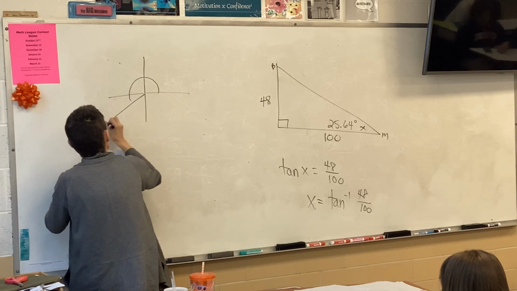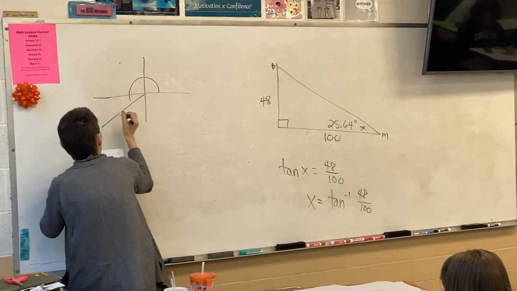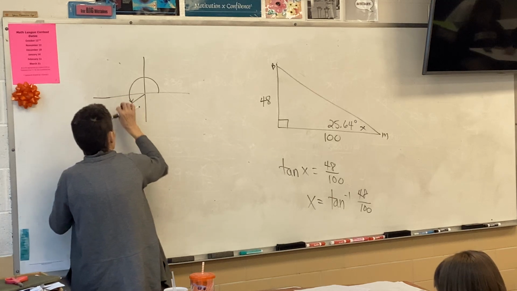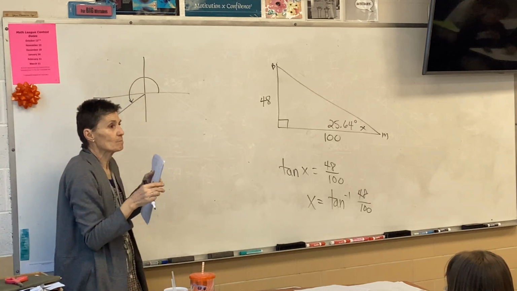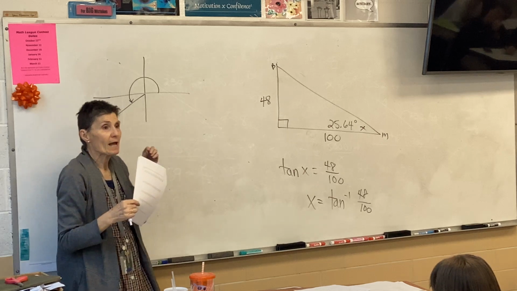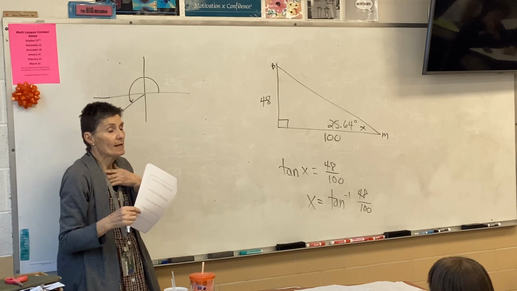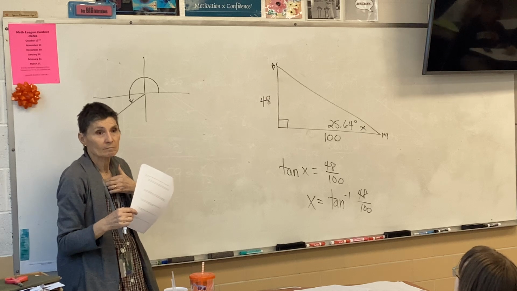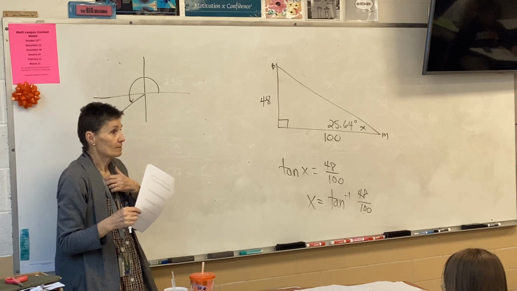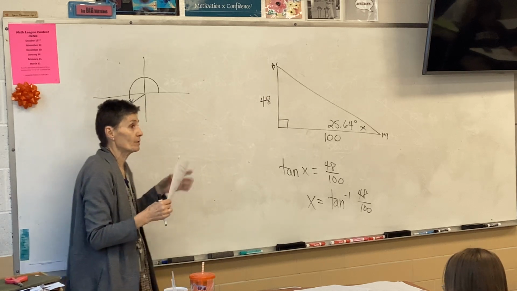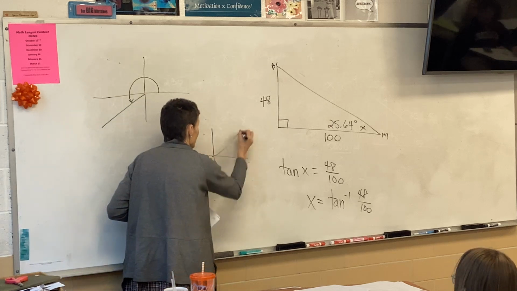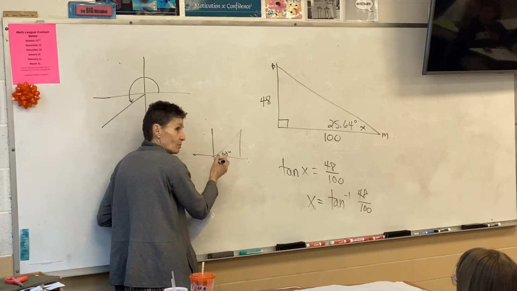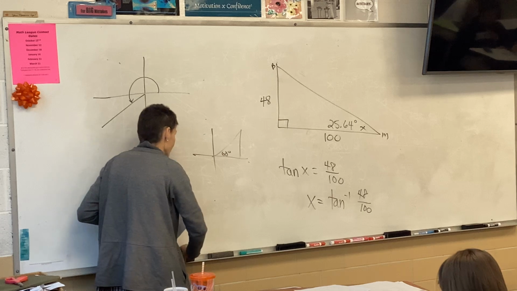Now, here is the new part. Up until this moment, every angle that we've considered has been in quadrant 1. Think about all the pictures that we've drawn, all the angles at the beginning of the period, 60 degrees, they've all been here in quadrant 1.